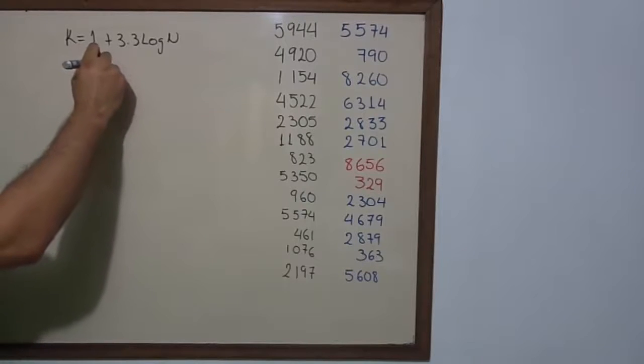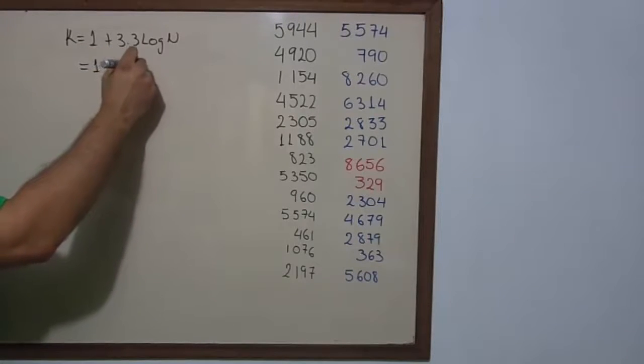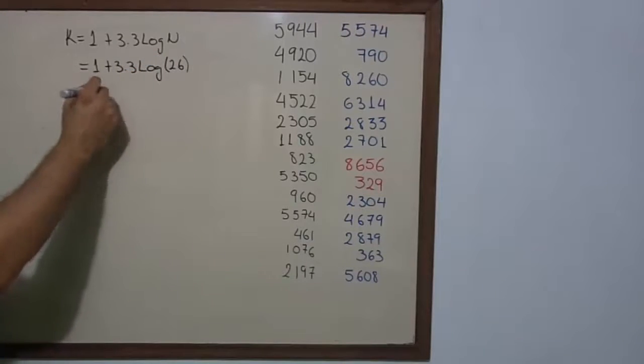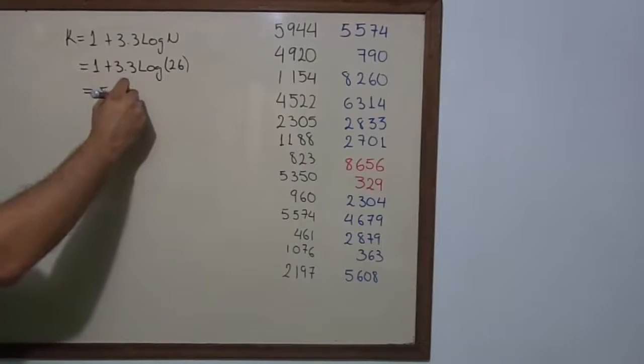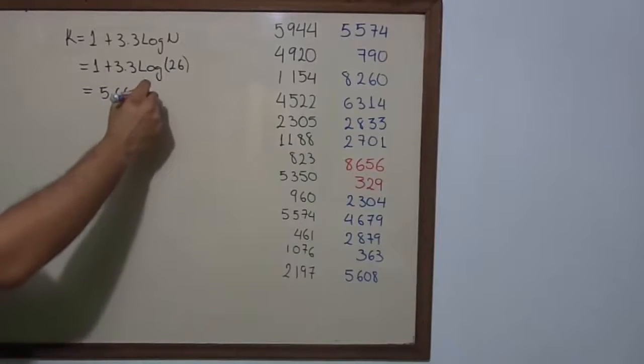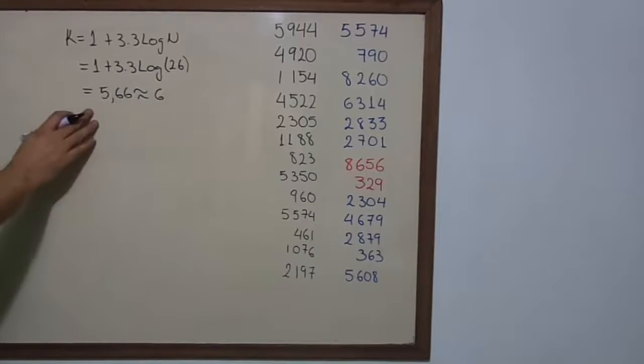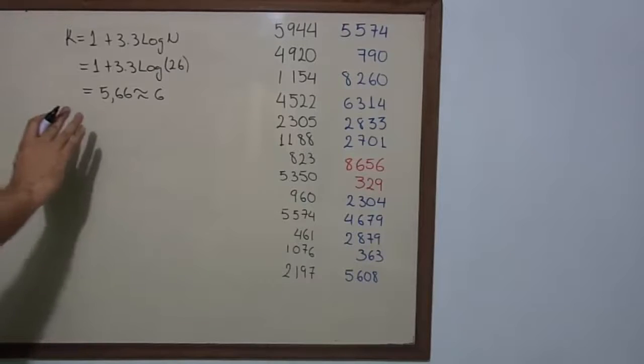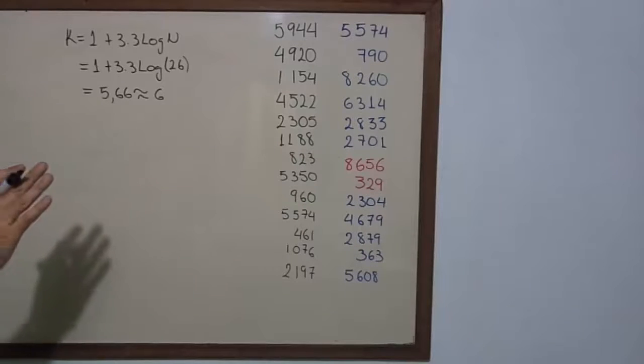So what you need to do is make this calculation. The number is 5.66, that you're going to round up to 6, of course, because you're not going to have 5.66 classes, right?